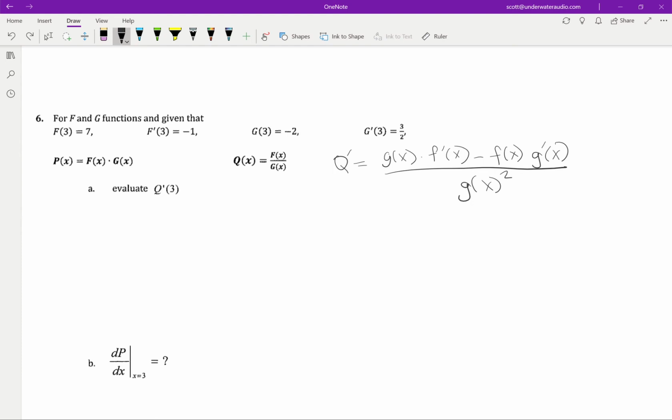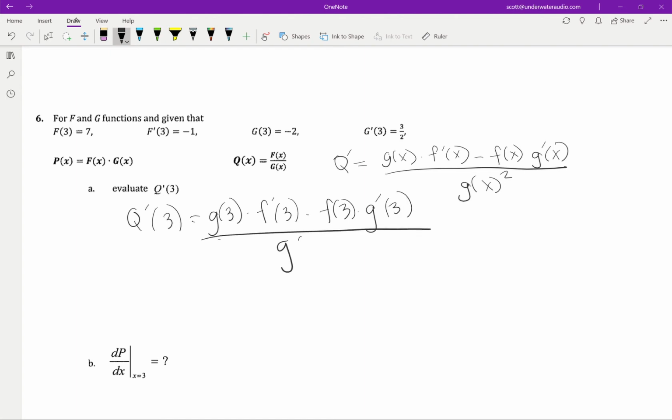And let's see. I need q prime of 3. Q prime of 3 is going to equal g of 3 times f prime of 3 minus f of 3 times g prime of 3, all over g of 3 squared.